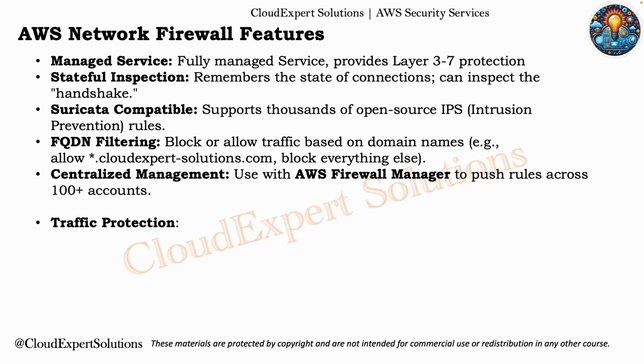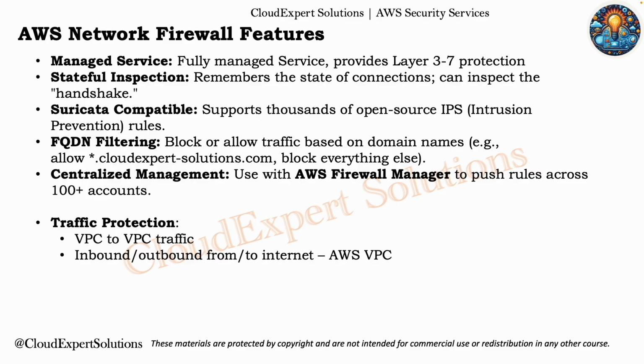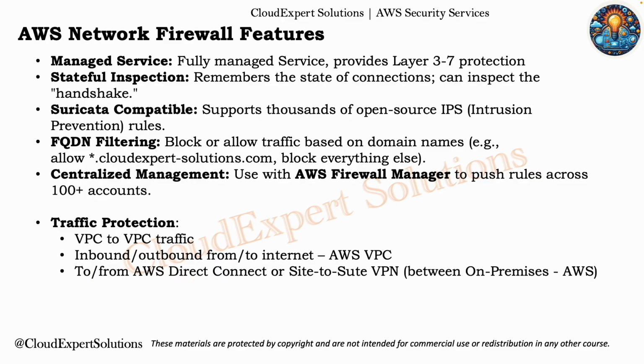AWS Network Firewall can inspect VPC to VPC traffic, inbound and outbound internet traffic, and also traffic flowing through Direct Connect or site-to-site VPN between your on-premises data center and the AWS cloud. This makes it a true enterprise-grade network firewall for AWS environments.